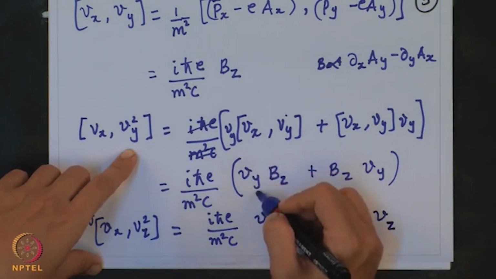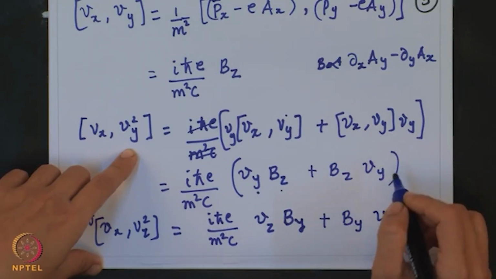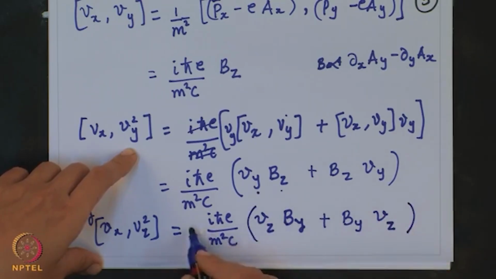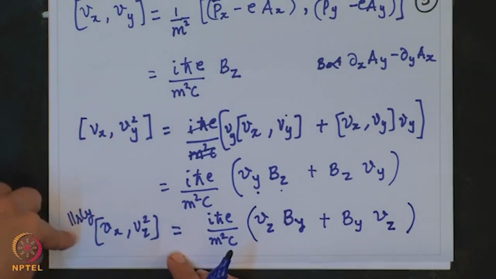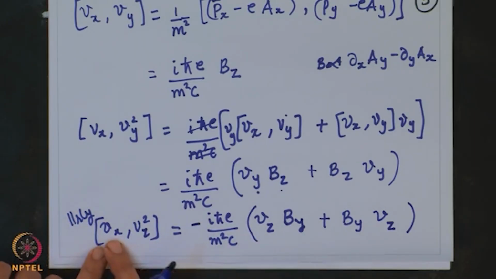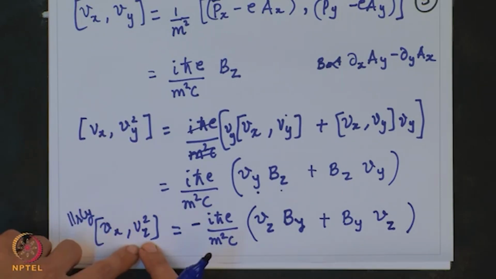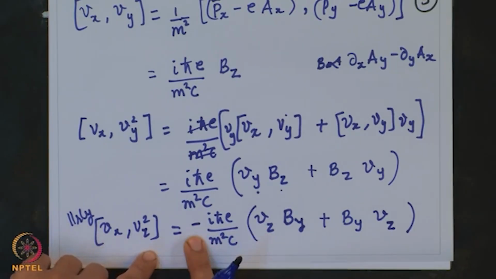So, this will give me V_y B_z and this will give me B_z V_y, correct. Similarly, you will have a swapped term, okay. So, here I have got this contribution. There will be a minus sign here because here you have V_x V_z. So, when you are doing this, be careful with the sign: x y, y z, z x. Here it has to be z x to have a plus sign, but I have x z. So, I will have a minus sign.